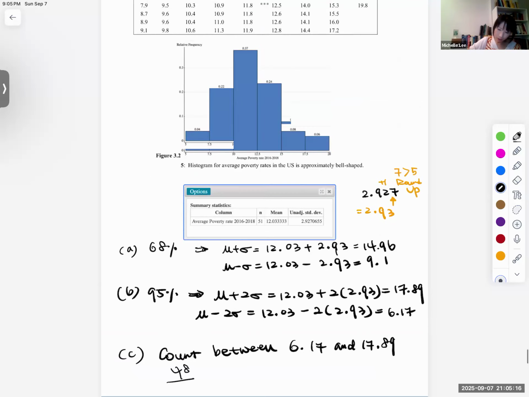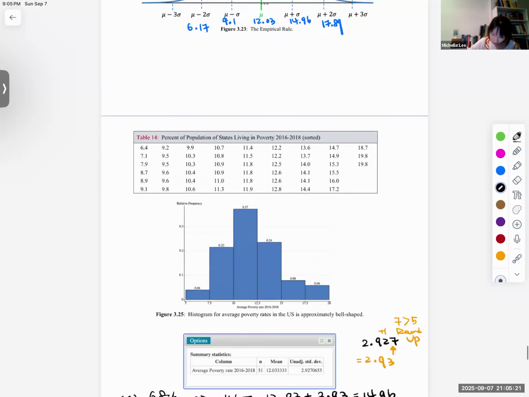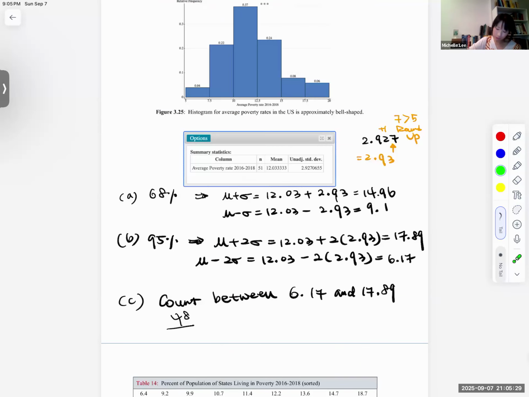Out of n equal to 51, from the given statements.